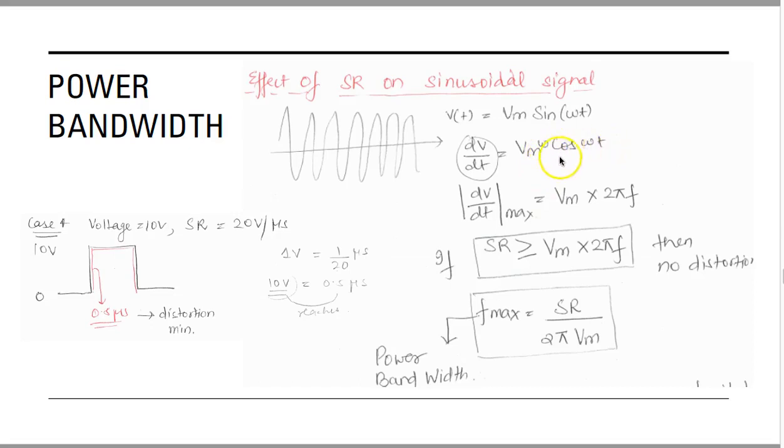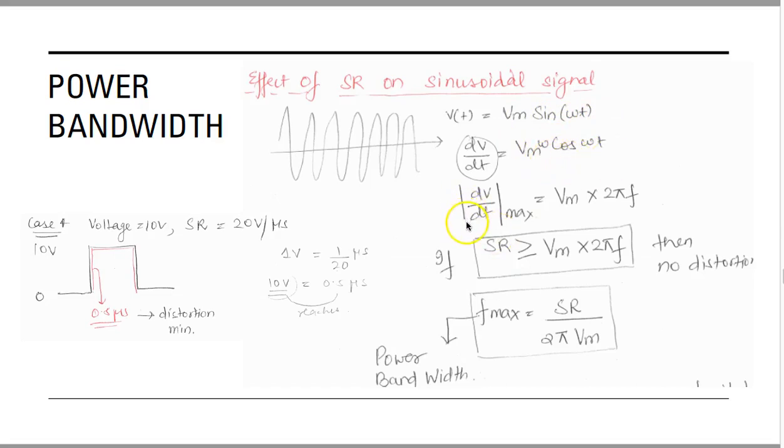Vm is a constant, but sine omega t, when you differentiate, you get omega cos omega t.